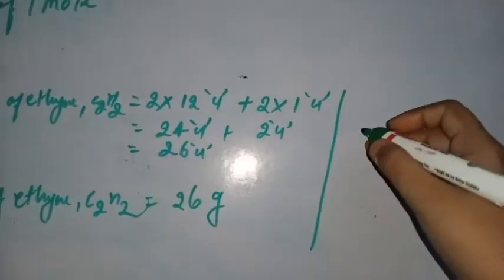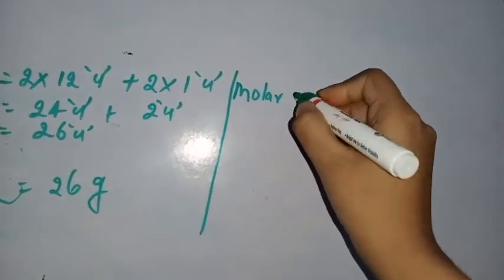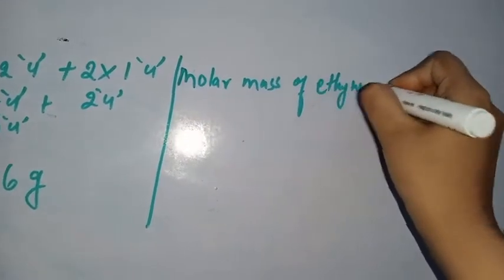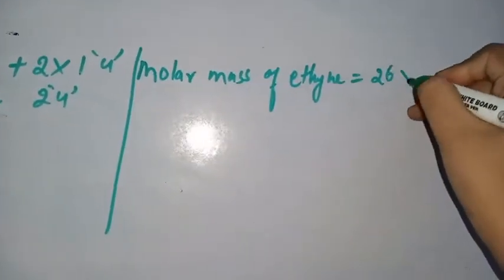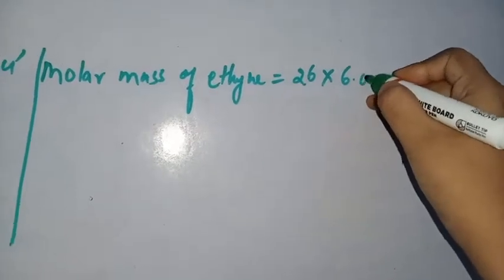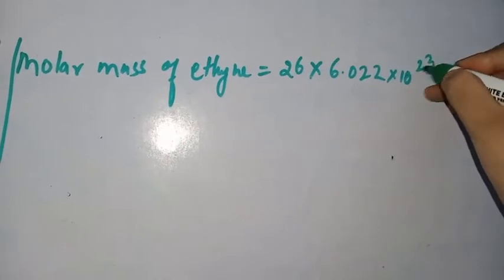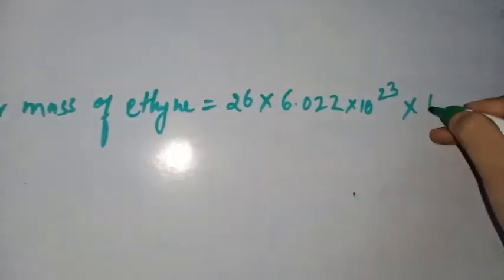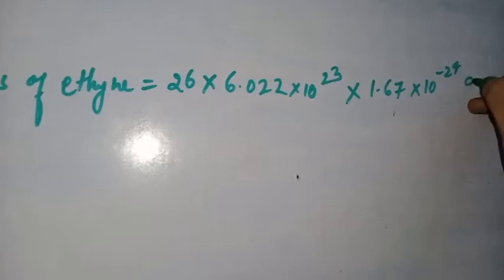So what you can do is, molar mass of ethyne will be equal to molecular mass, how much we have got, 26, into, we will multiply it with Avogadro number of molecules, it is 6.022 into 10 to power 23 molecules, and we again will multiply it with 1.67 into 10 to power minus 24 gram.